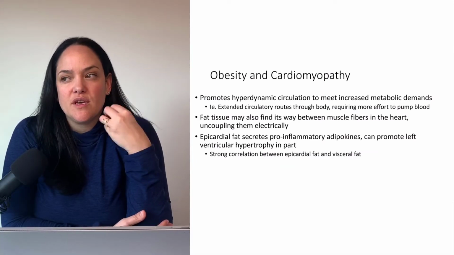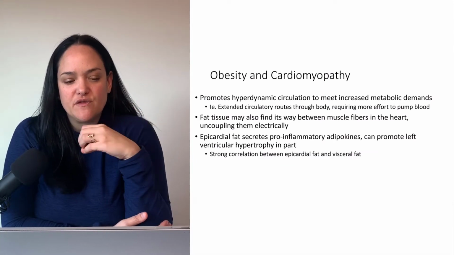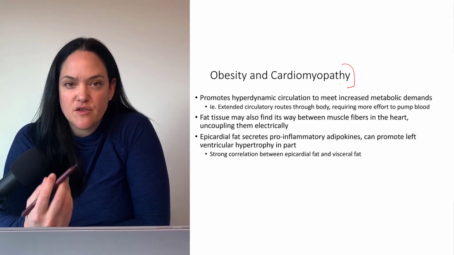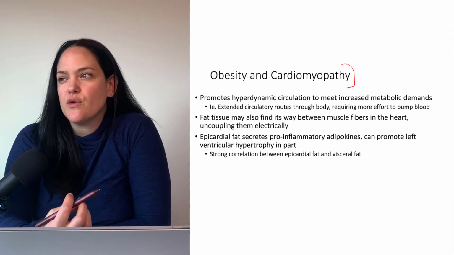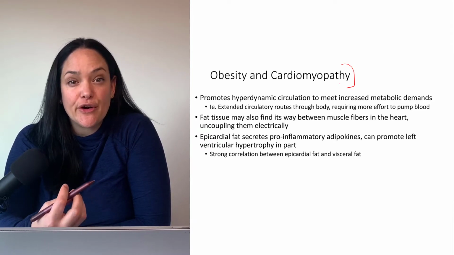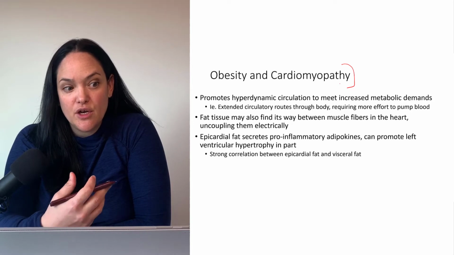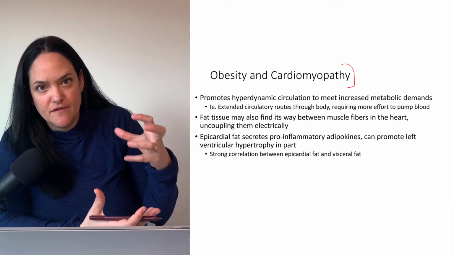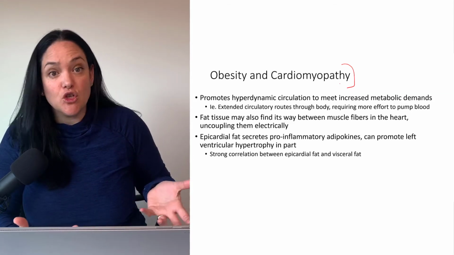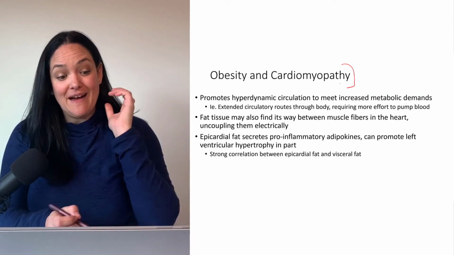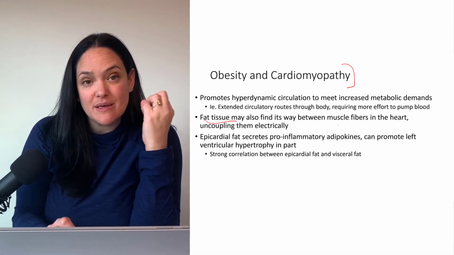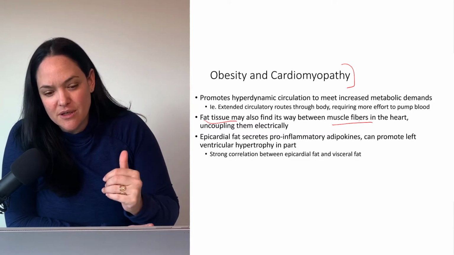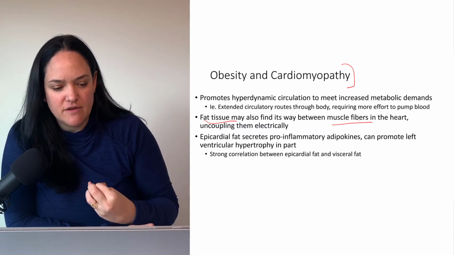In addition to the atherosclerosis promoting effects of obesity, there also is a strong correlation between obesity and dysfunction of the heart muscle. Part of the reason is that the heart has to work a lot harder to supply blood to the now more blood vessels that exist in individuals with obesity, because they have a larger frame altogether. Fat tissue may also deposit between muscle fibers in the heart, decoupling them electrically, again promoting dysfunction of that heart muscle.